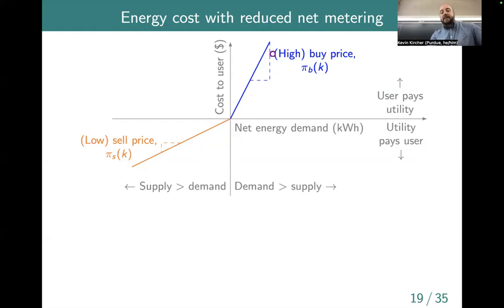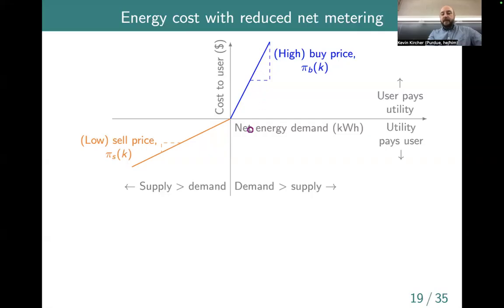And then many states, especially the states where there's been more solar adoption, like Hawaii, California, Nevada, Arizona, and so on, have moved to a reduced net metering scheme where rather than paying the full retail price of electricity, which in California might be like 35 or 40 cents a kilowatt hour, for the solar that's generated midday, they might pay significantly less. So it might be 5 or 10 cents a kilowatt hour rather than, say, 35 or 40.